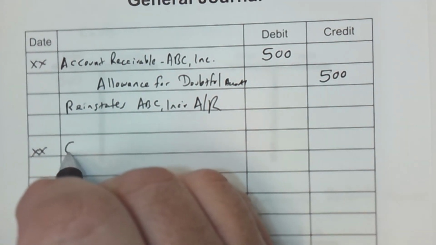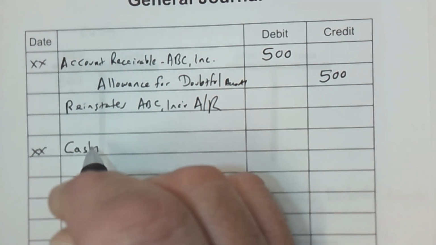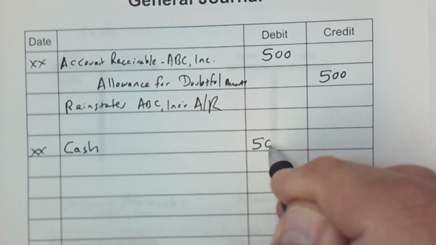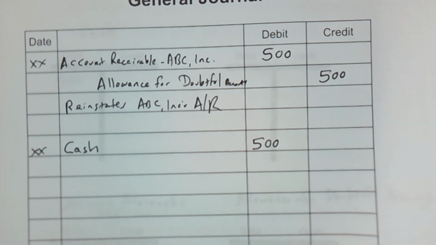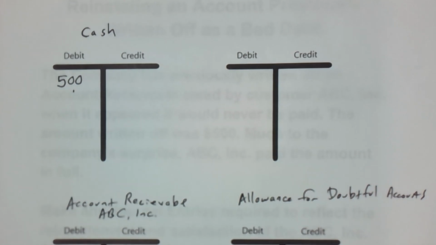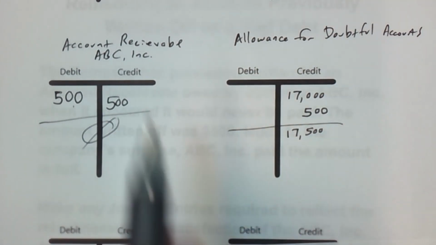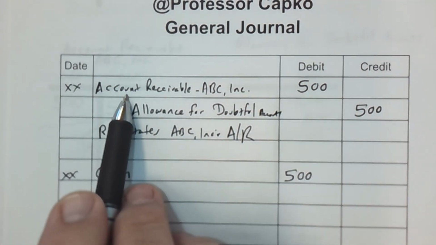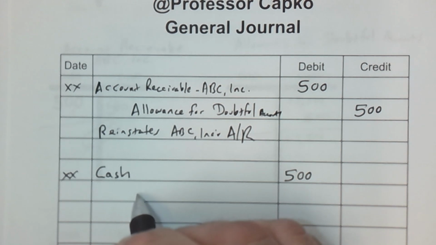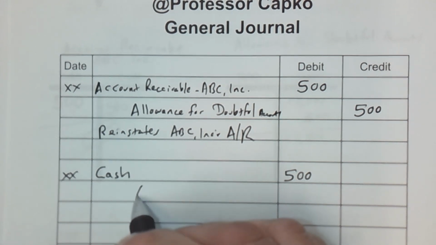So I'm going to write in cash, $500. And what account did we credit? Well, we credited the accounts receivable for ABC Inc. So over here we debited it. Now we're immediately going to credit it. And again, we indent that.